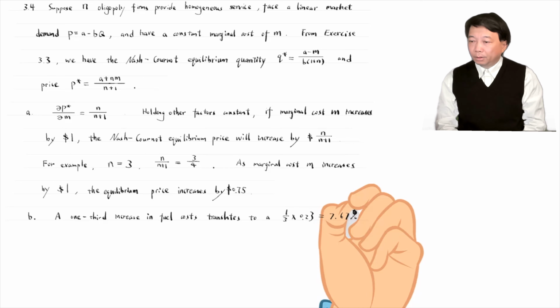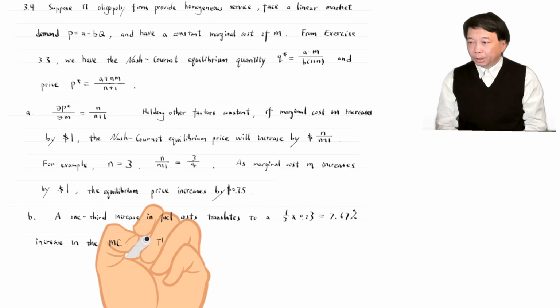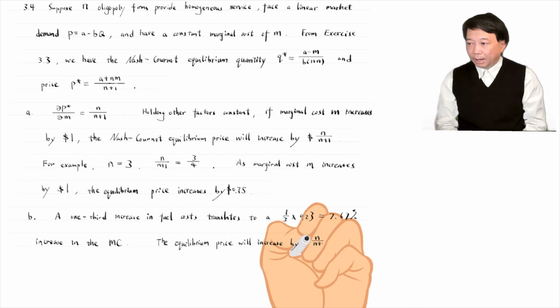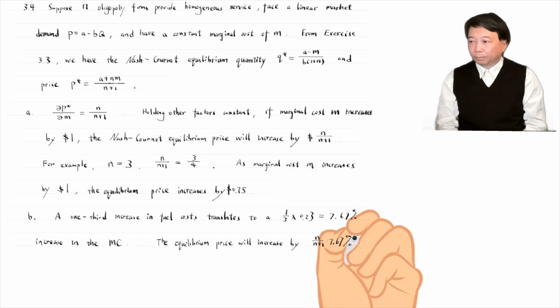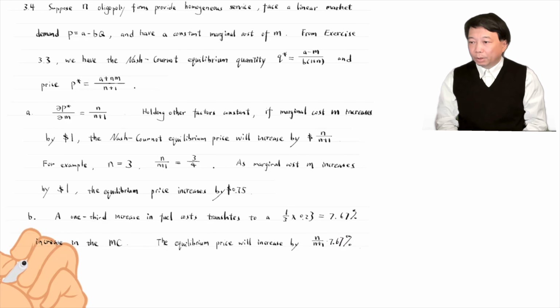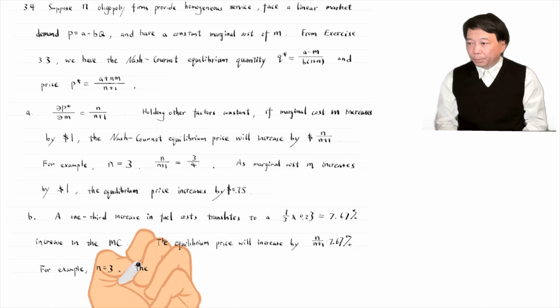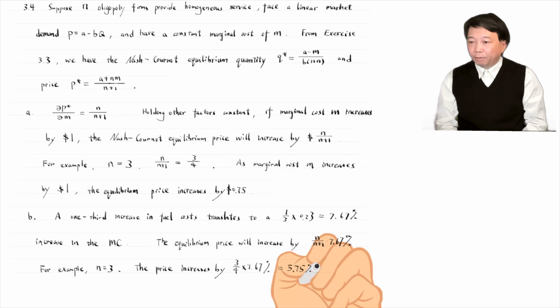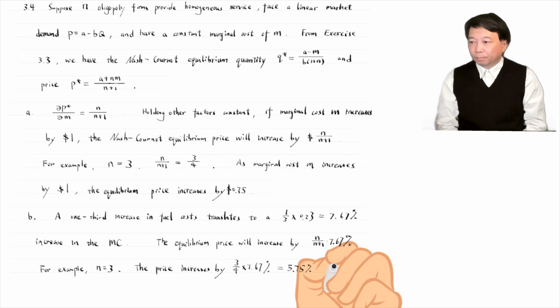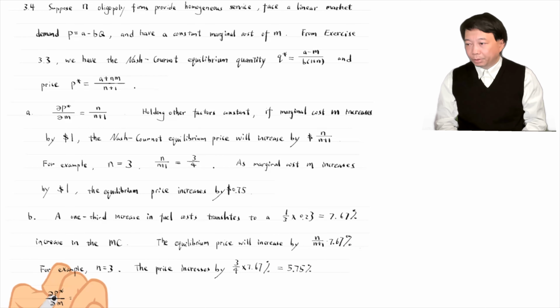The increase in the equilibrium price will be multiplied by N over N plus 1. For a case with 3 firms, the price will increase by 5.75%. From the partial derivative of the equilibrium price with respect to marginal cost, we know that the price change is less than the cost change.